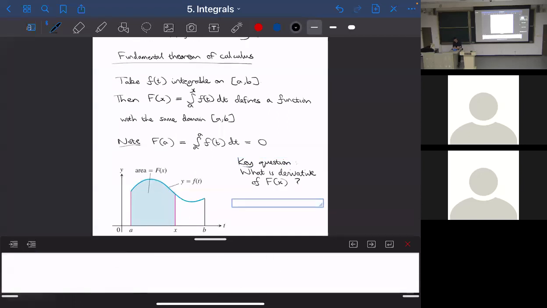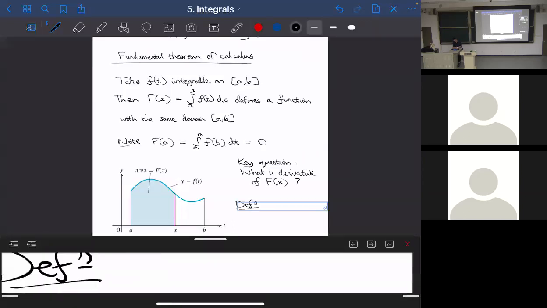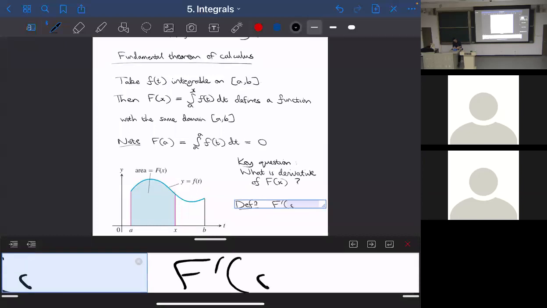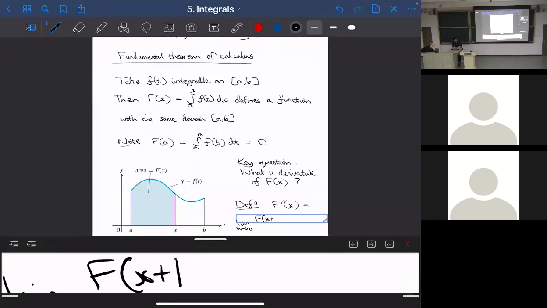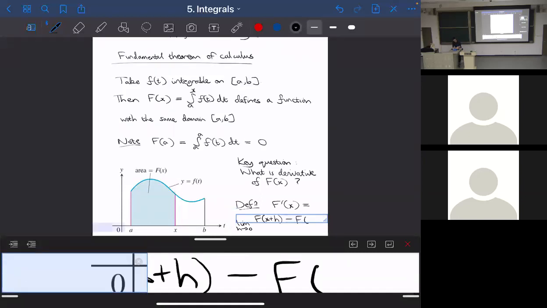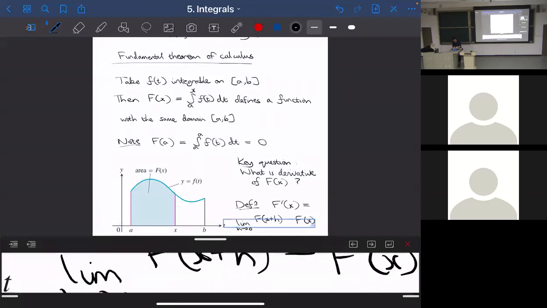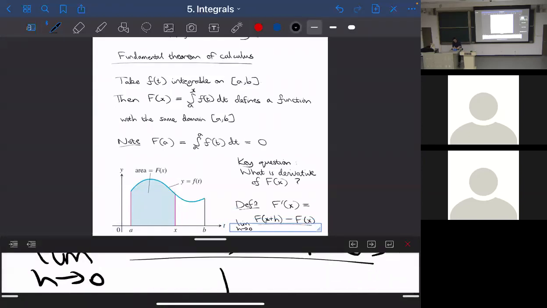So remembering our definition, F prime of x, the derivative function evaluated at x, we get this by taking a limit as h goes to 0 of this quotient, which is the slope of the graph of big F.